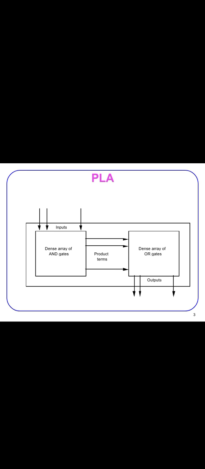These PLD devices have two different parts, the PLA and the PAL functions. The PLA and the PAL are types of PLDs.